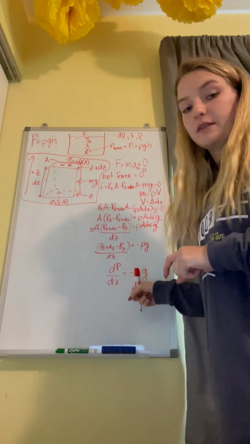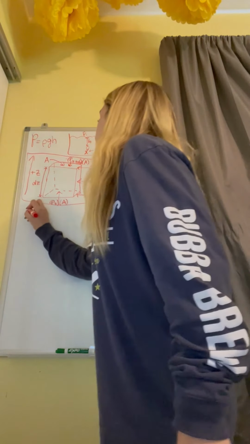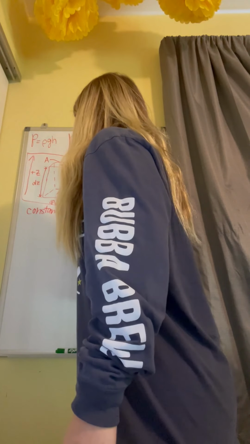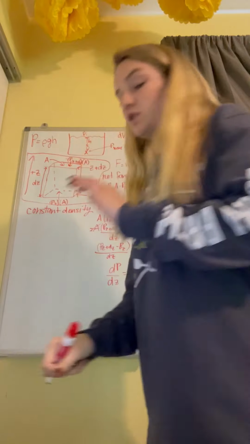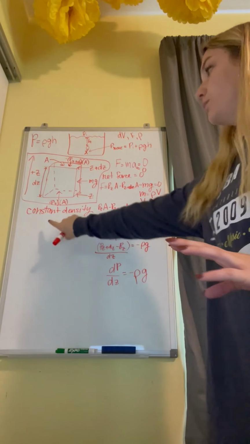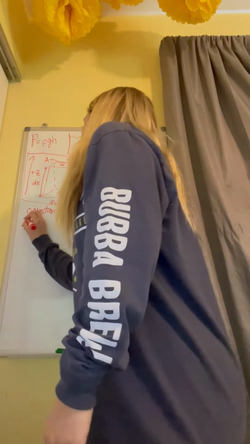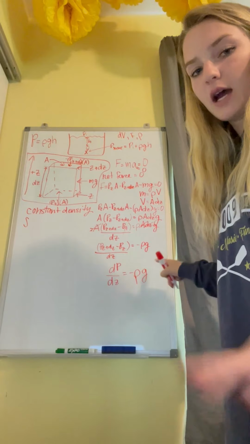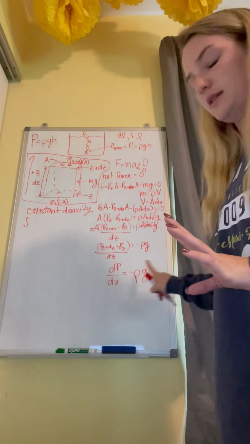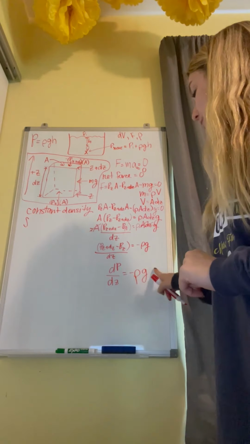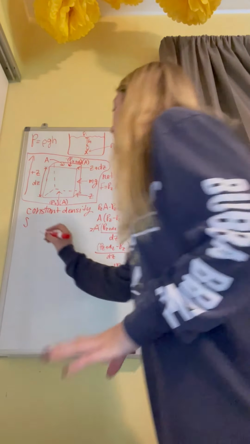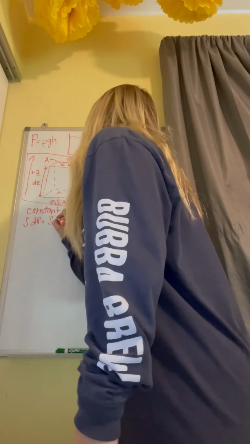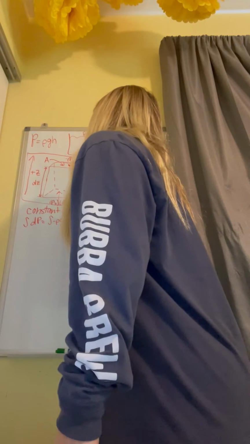So now if we were to look at this equation when we have a constant density, we could take the integral of both sides, but we're actually going to move dz back over to this side, so we have the derivative of something on this side. So we're going to have the integral of dP is equal to the integral of negative rho g dz.